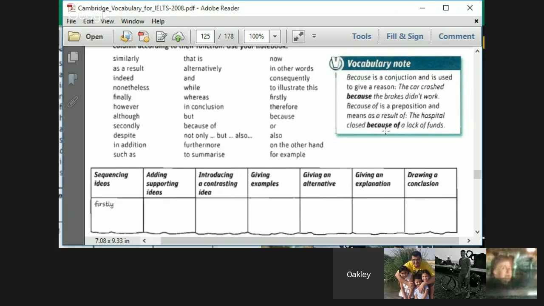Okay. Sometimes adding prepositions to some of our more basic subordinators or connecting conjunctions, things like and thus, it will change the category that we're looking at. For example, and, we're adding a supporting idea or possibly sequencing.